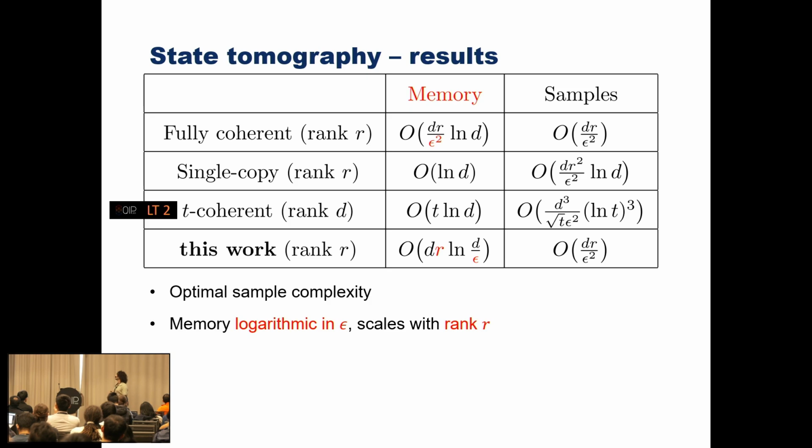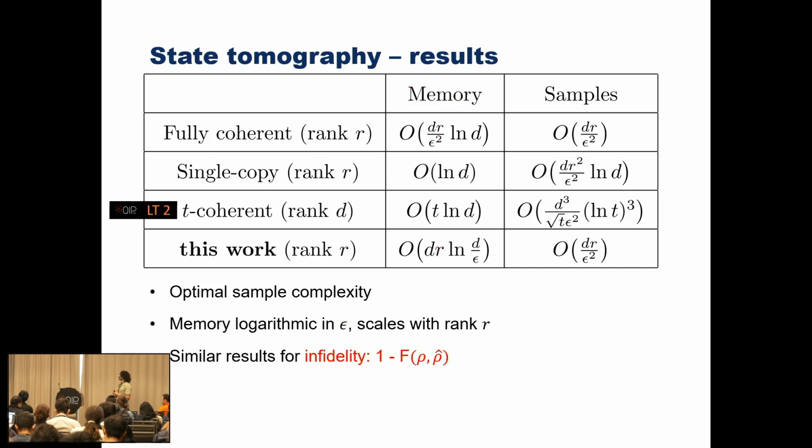Then we also compare it with some T-coherent quantum state tomography algorithm, which I believe will be mentioned in some talk at some point. In essence, this T-coherent algorithm allows you to store T copies of the input states and then only measure T at a time. And then there are also the single copy state tomography algorithms, in which you're only allowed to measure 1 copy at a time, adaptively or non-adaptively.